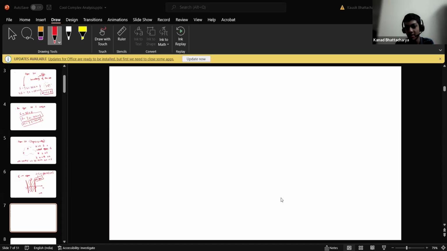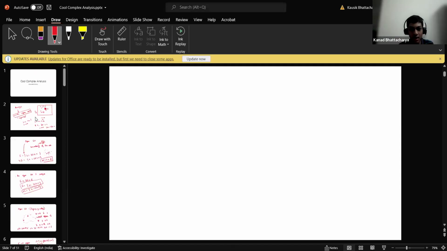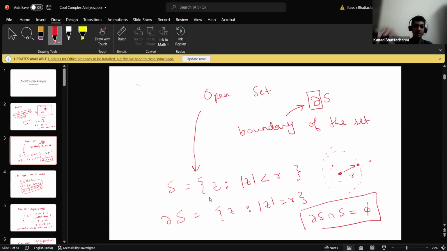Just to clarify, an open set does not include the points on the boundary. The points on the boundary do not belong to the open set. So put it in your head: an open set is a set from which you have forcibly deleted the boundary. Just keep this example in your head, S is the set of z such that |z| is less than R, and I think you should be completely fine.